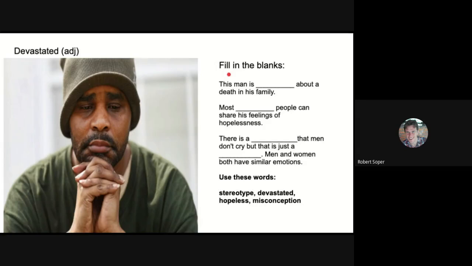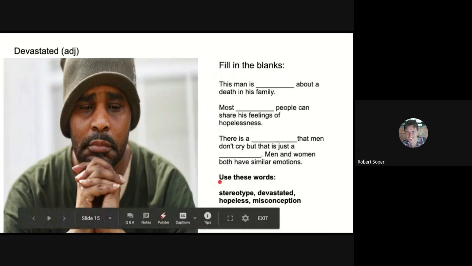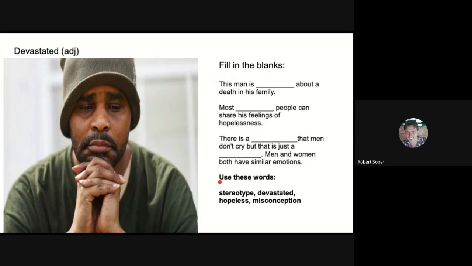Okay, so here we're going to fill in the blanks, but we're going to be using these words down here. So we have stereotype, devastated, hopeless, and misconception. What do you think these words might mean?